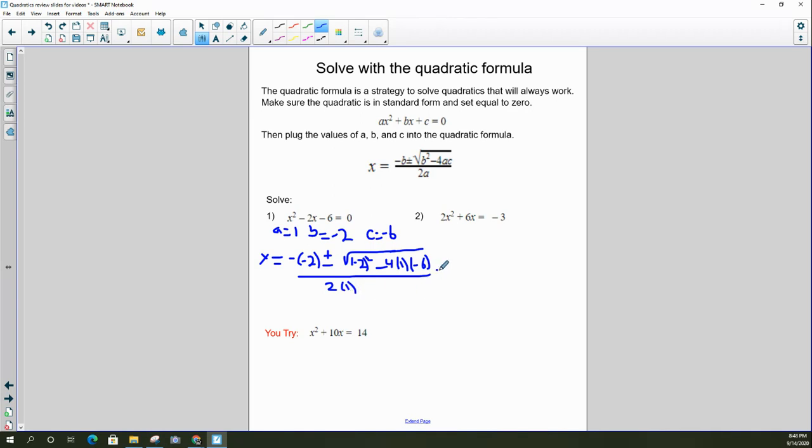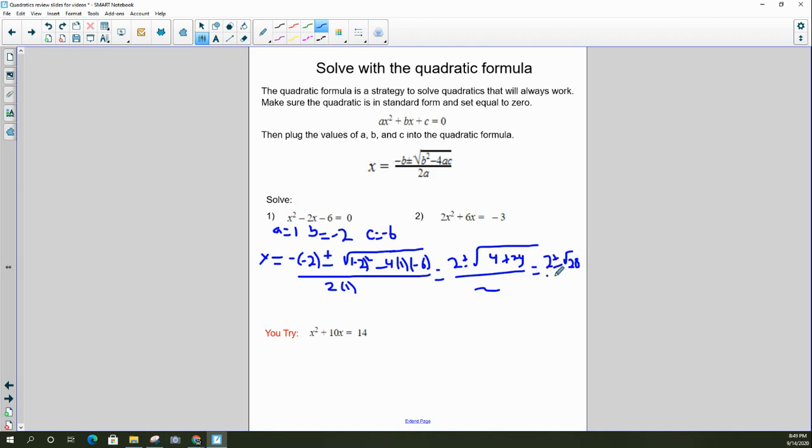Now I want to simplify this. So I'm going to get +2 plus or minus the square root of 4 plus 24 over 2. And so that's 2 plus or minus rad 28 all over 2.